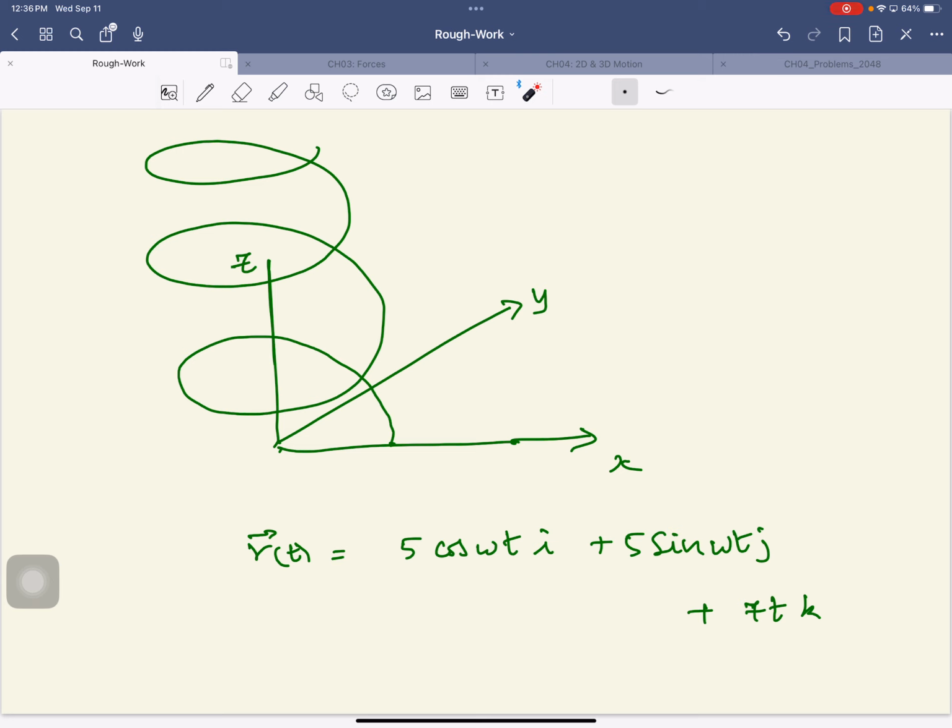And so if you had this motion, let's calculate the velocity at any given time. You'll be interested in that. The velocity at any point turns out to be tangent to that curve.